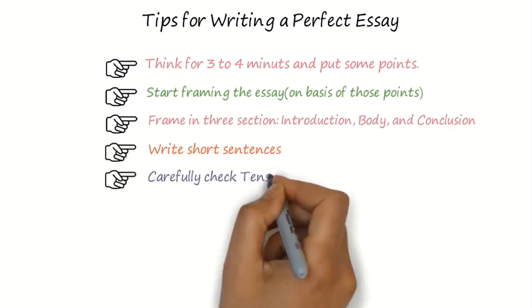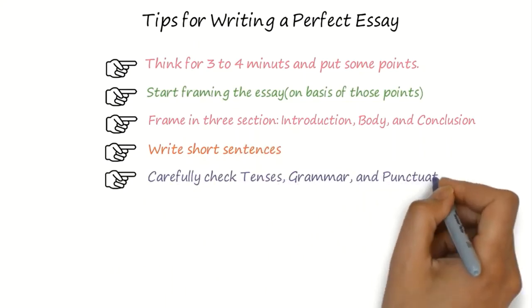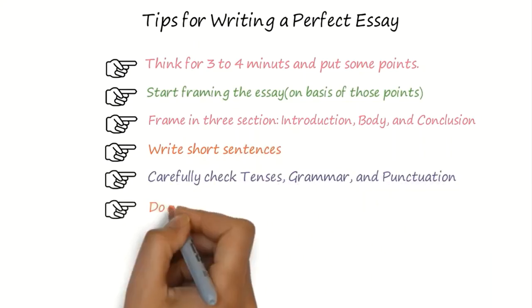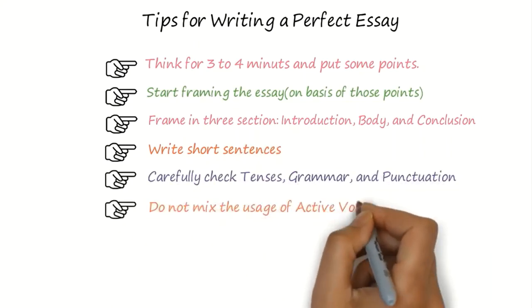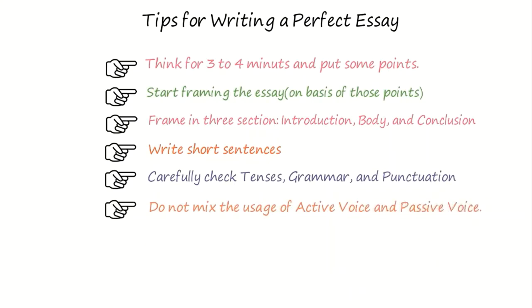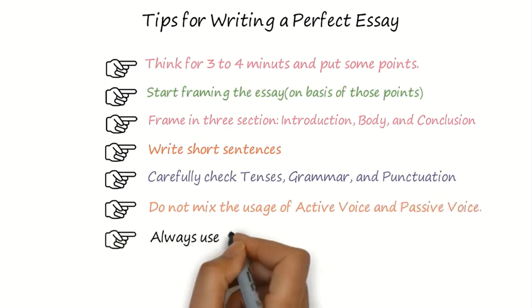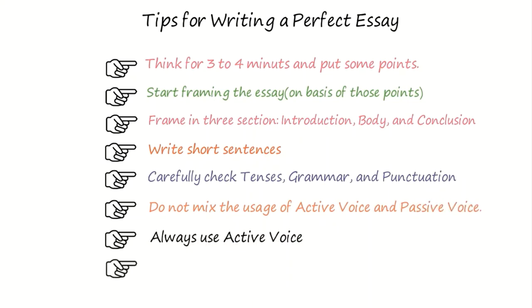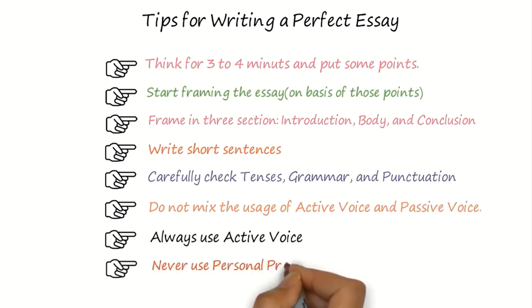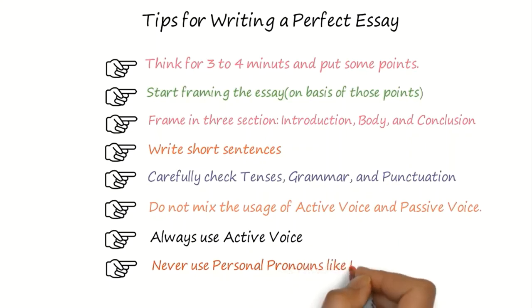Never mix the usage of active and passive voice. Always try to use active voice. Never use pronouns like I, me, etc., and avoid complex and supernatural theories. So you can keep in mind these points and you should be able to clear the writing section.